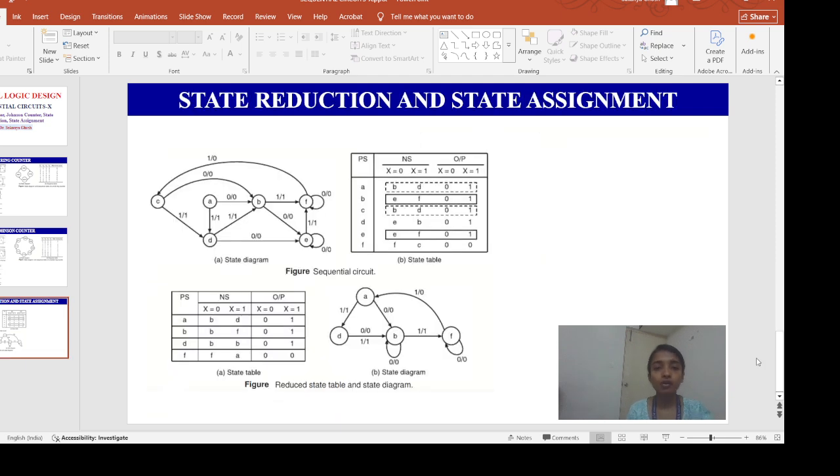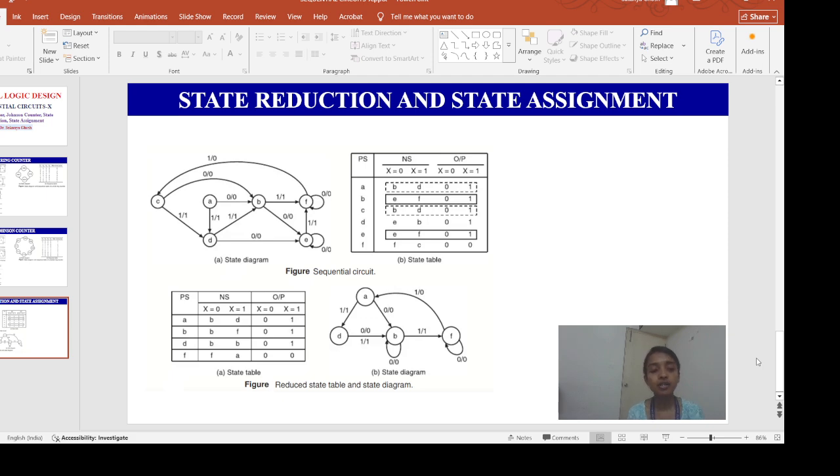Next we will learn about state reduction and state assignment. The state reduction technique basically avoids the introduction of redundant states. We have previously seen the state diagrams. The reduction of redundant states reduces the number of flip-flops and logic gates, reducing the cost of the final circuit.